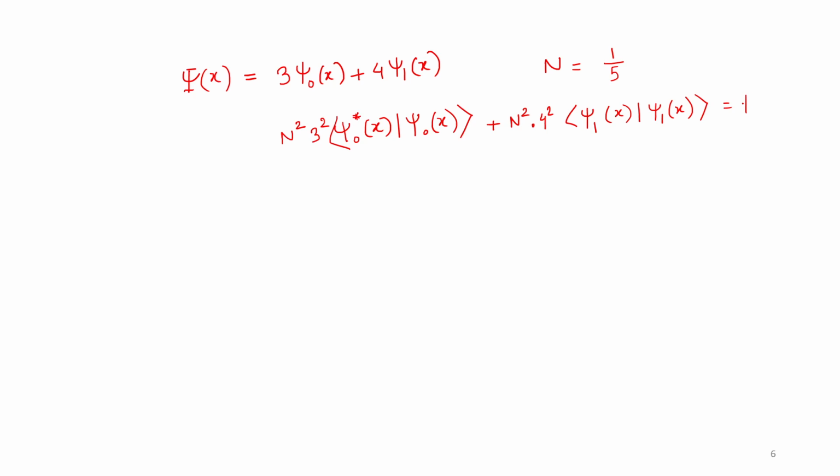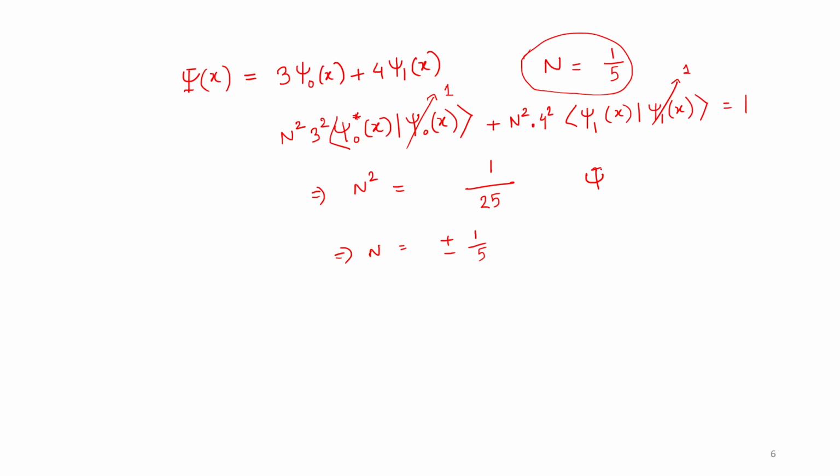Each integral is 1, so we get 25 n squared equals 1. So n is plus or minus 1/5, and we take n equal to 1/5. So capital psi(x) is equal to 3/5 psi_0(x) plus 4/5 psi_1(x).